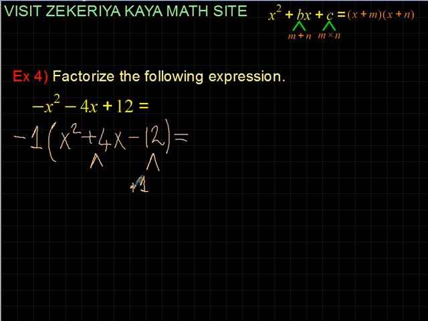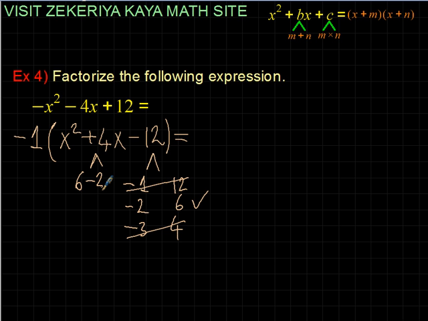Bigger must be positive. Minus 2 and 6, minus 3 and 4. I know that the result should be positive. 12 minus 1, 11. 6 minus 2, 4. It's good. 4 minus 3 is 1, I don't need that. So 6 and minus 2 are the numbers. 6 minus 2 makes 4.